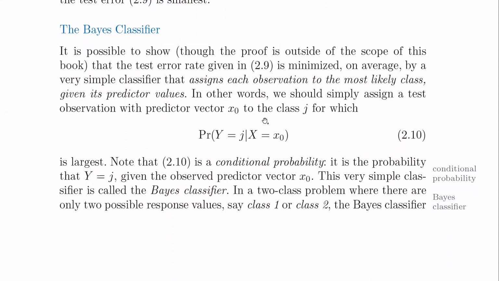In other words, and we'll probably have to explain this notation tomorrow, we should simply assign a test observation with predictor vector x naught to the class J for which this is largest. Please tell me that you haven't understood anything.